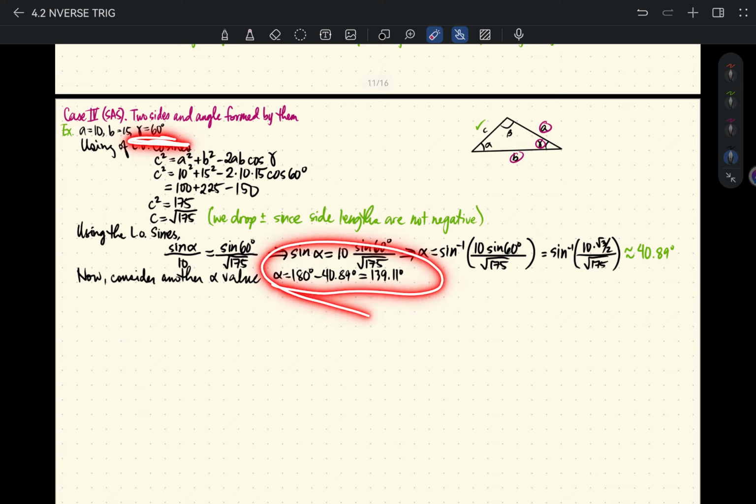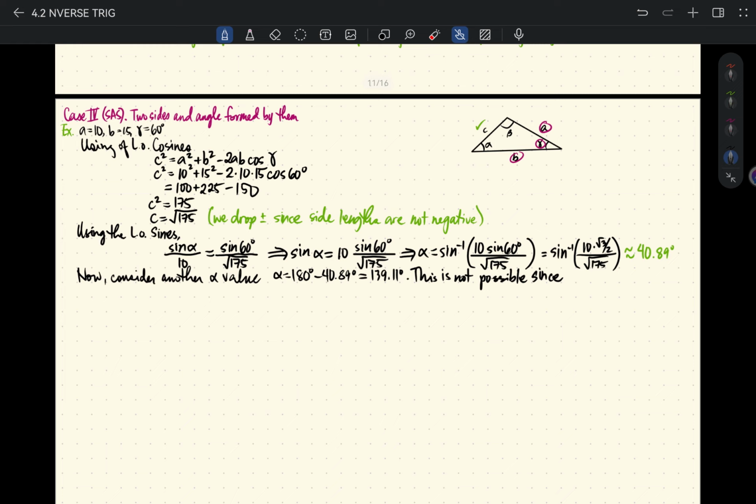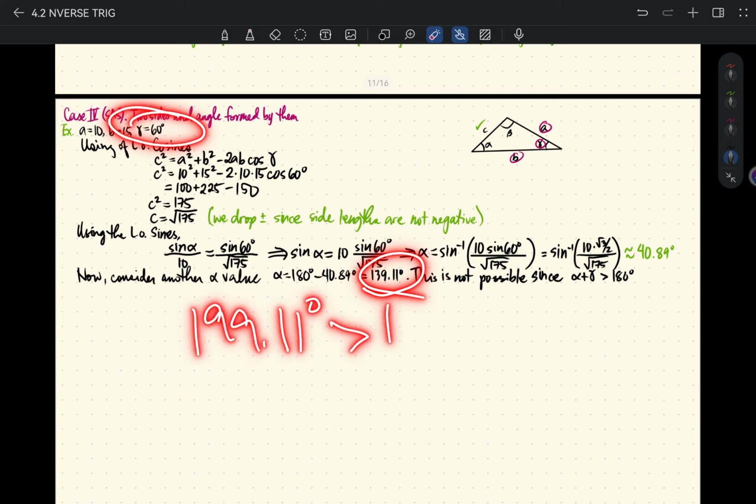Turns out it's not. So this is not possible, since alpha plus gamma would then be greater than 180 degrees. 139.11 plus 60 would give you 199.11, and this one is greater than 180 degrees.